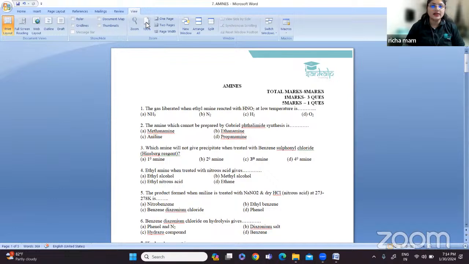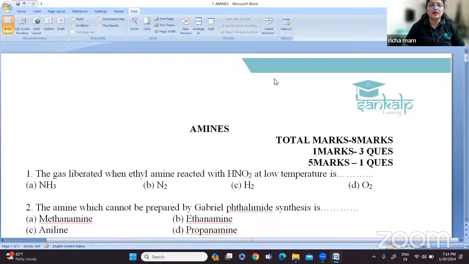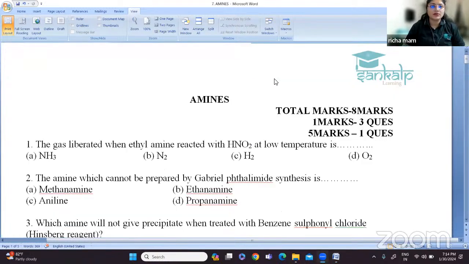Just a second, I'll zoom this so that you will be able to read it.